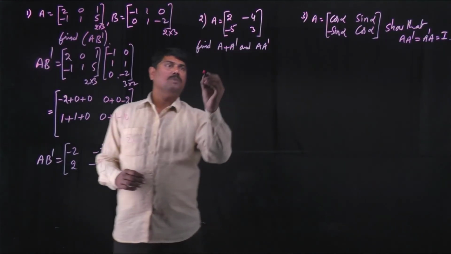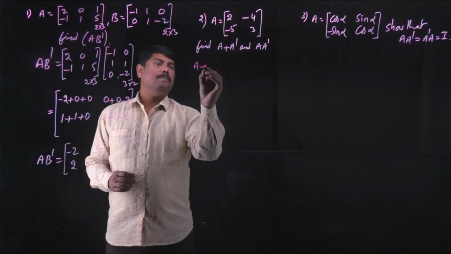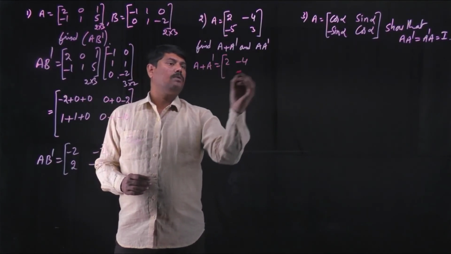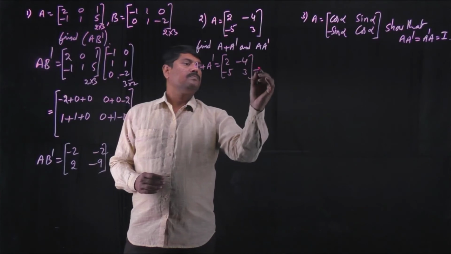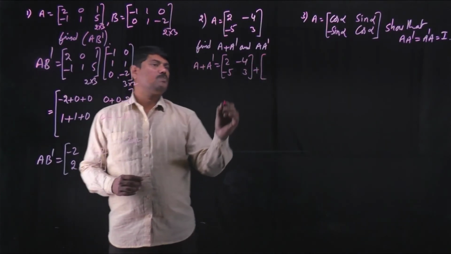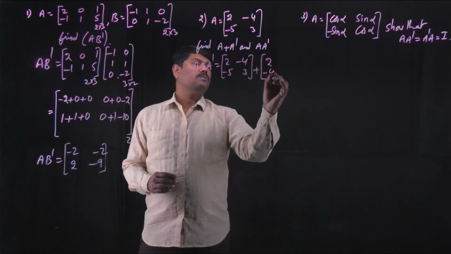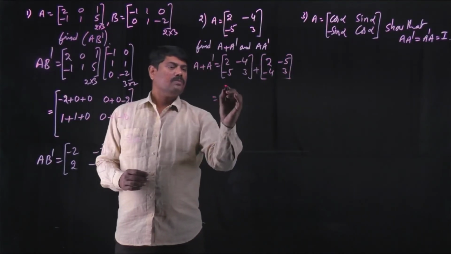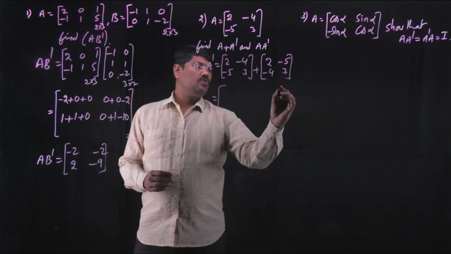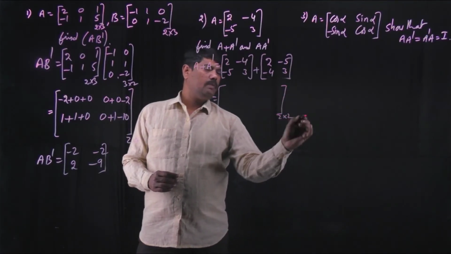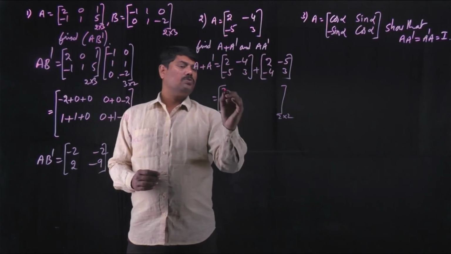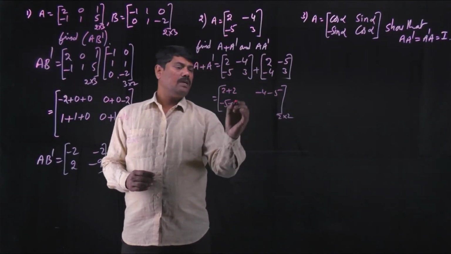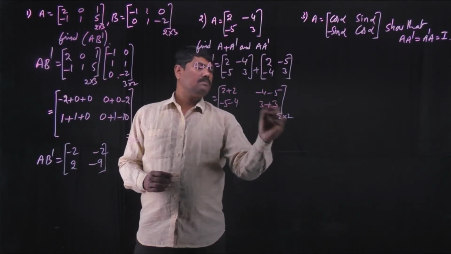Now let us do this one: A plus A dash. A is 2 minus 4 minus 5 3, plus A dash, A transpose, 2 minus 4 minus 5 3. Addition of two 2 by 2 matrices is again a 2 by 2 matrix. 2 plus 2, minus 4 minus 5, minus 5 minus 4, 3 plus 3.